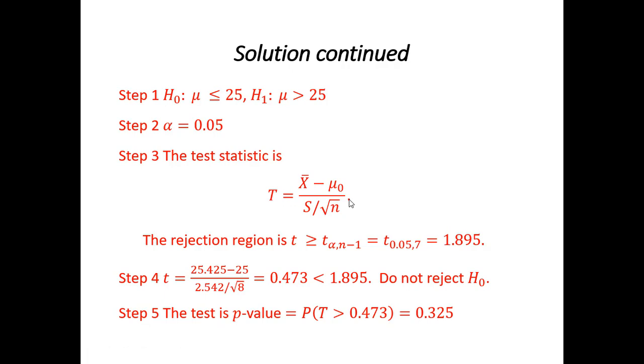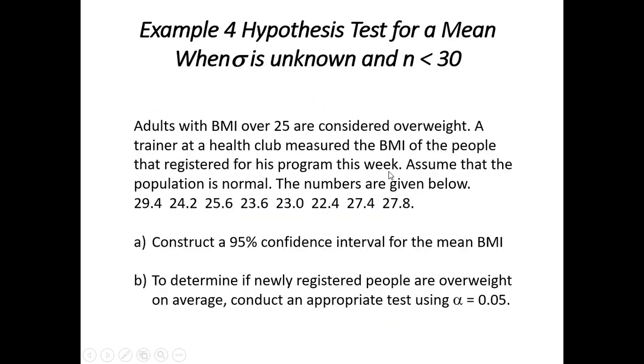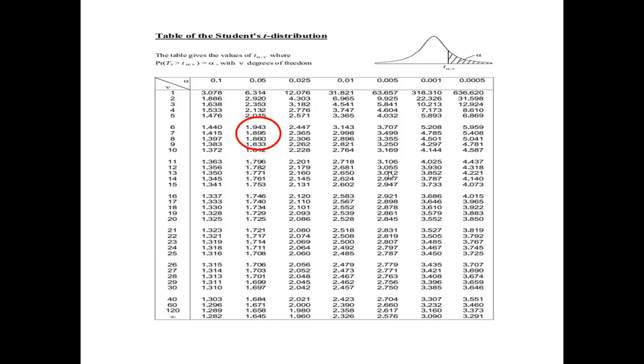Okay, we need to find the rejection region. So now we have a one-sided test, right? So with a one-sided test, we think in terms of the alpha, the area corresponding to alpha will all be in the right tail. So I need to think in terms of alpha is 0.05, degrees of freedom is 7. Let's go down here.